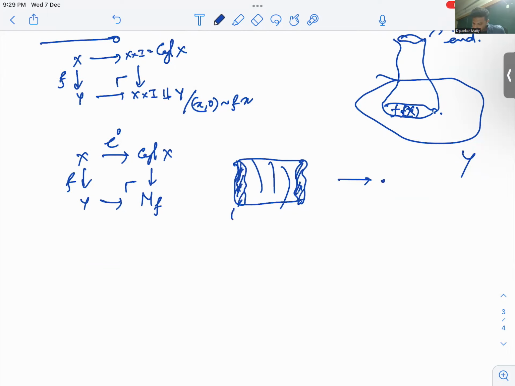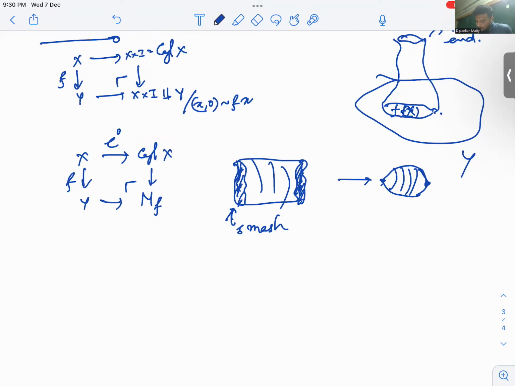You smash out this part to a single point, and you smash out the other surface to a single point, and what you get is like an enclosed sphere kind of thing by smashing out the two endpoints.